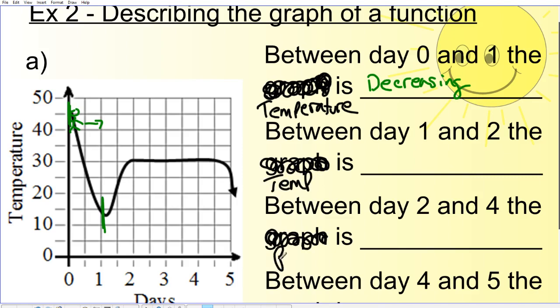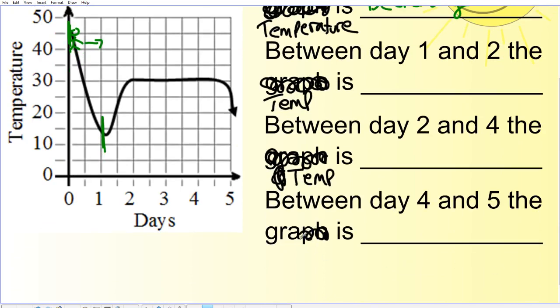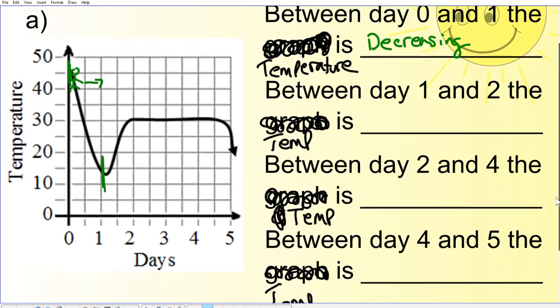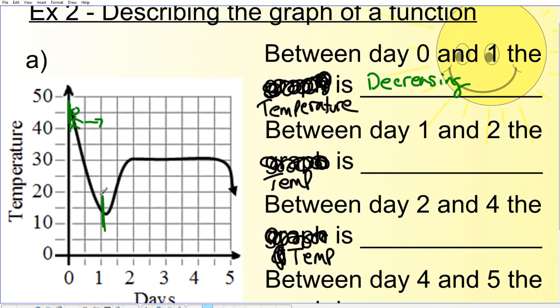We're not comparing days and graph. We're comparing days and temperature. And this is just bad wording on my part. Okay? So between days 0 and 1, the temperature is decreasing. The temperature is going down. The graph shows that change, but it's the temperature that's going down, not the graph.